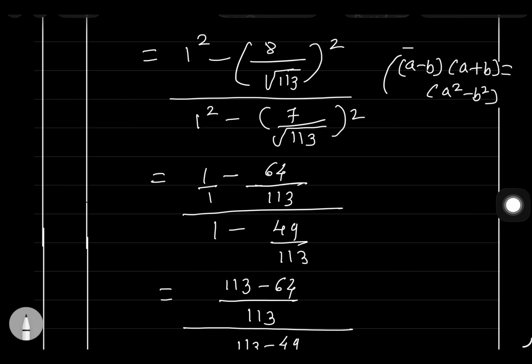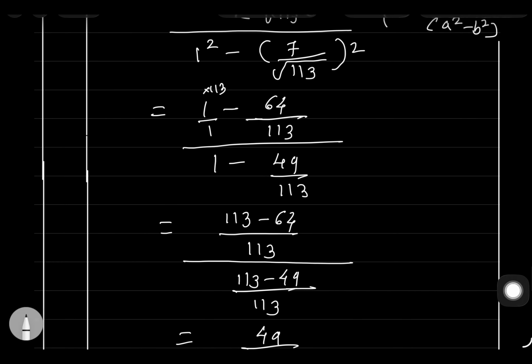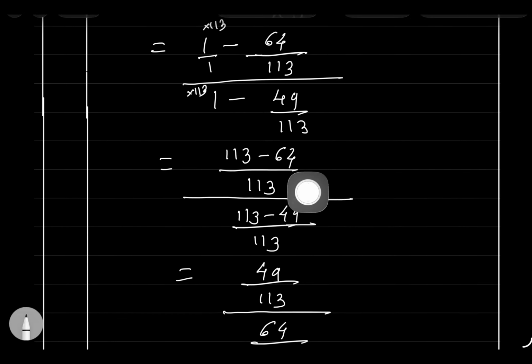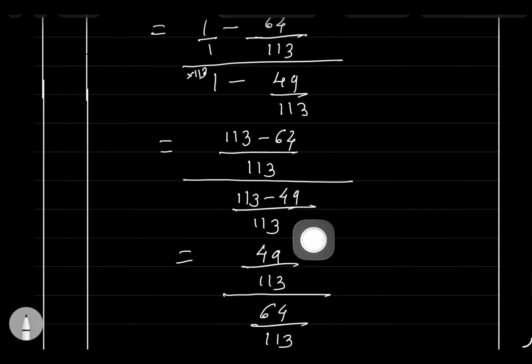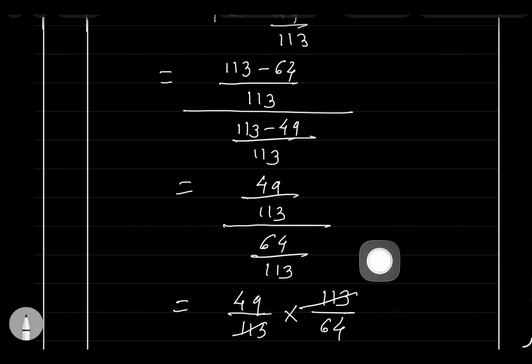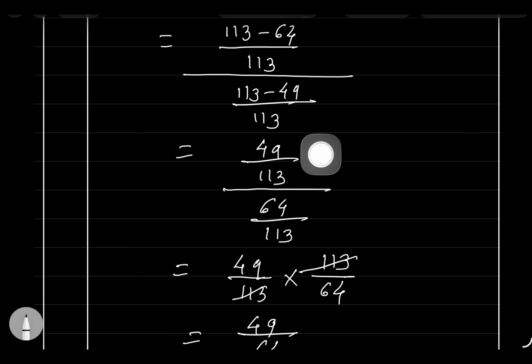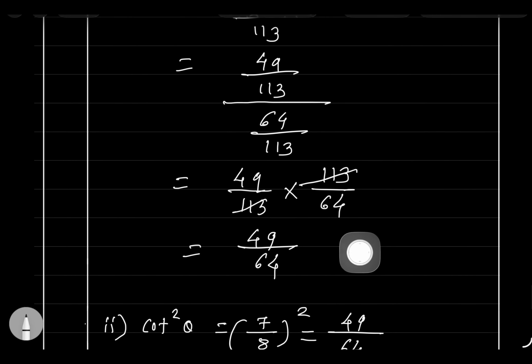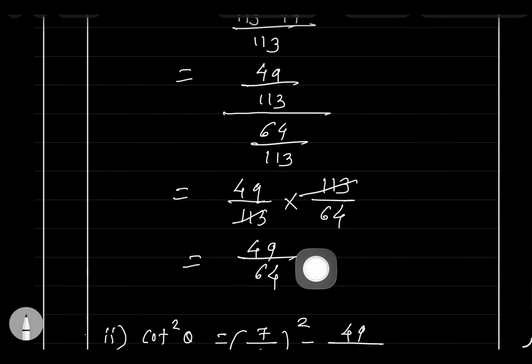So 113 minus 64 upon 113, and 113 minus 49 upon 113. The subtraction gives 49 upon 113 in the numerator and 64 upon 113 in the denominator. This is a fraction upon a fraction, so we multiply by the reciprocal. 113 upon 113 cancels and gives one, so what remains is 49 upon 64.